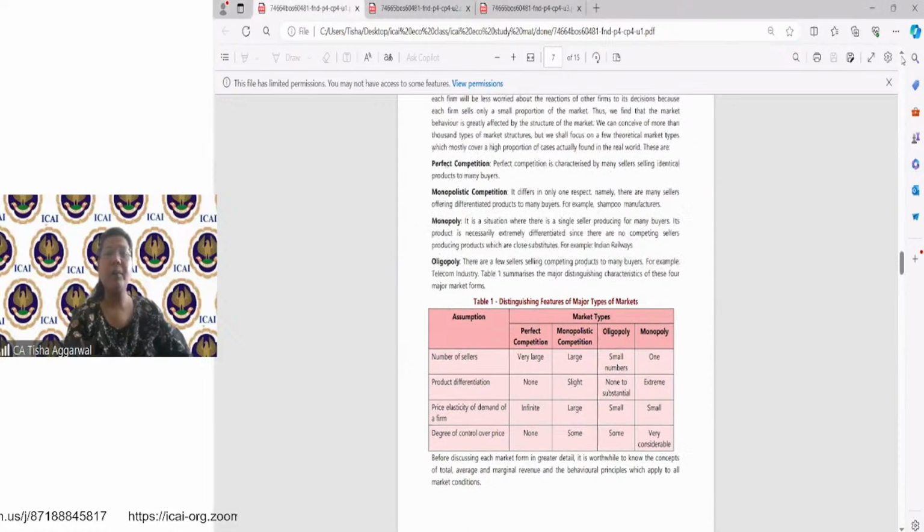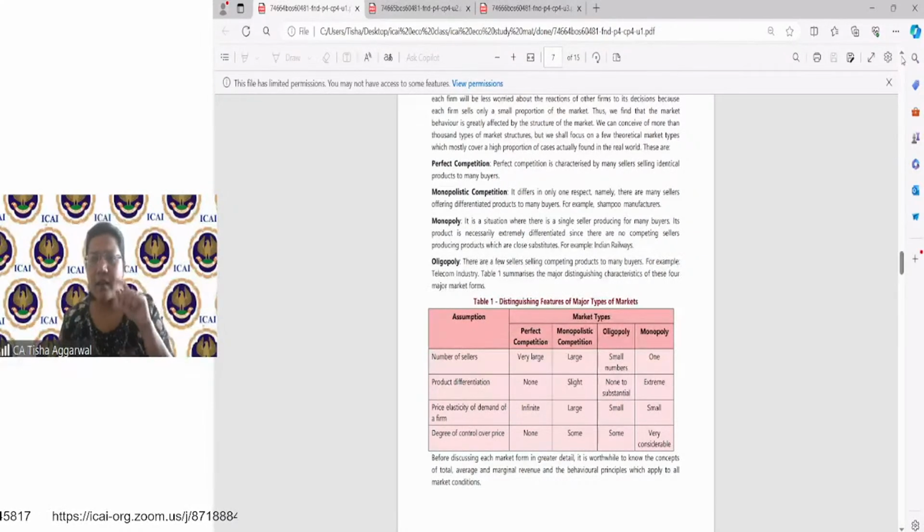A perfect competition is that market form wherein all the sellers sell absolutely identical products to the buyer. That means you go to a shop, you say, give me a pencil. The shopkeeper gives you Apsara pencil, correct? You ask him, no, I want a little cheaper one. He gives you Natraj pencil.